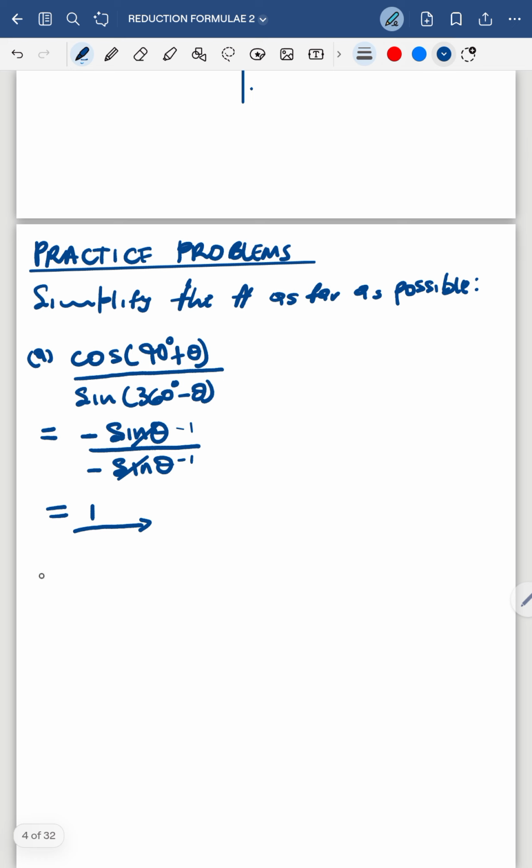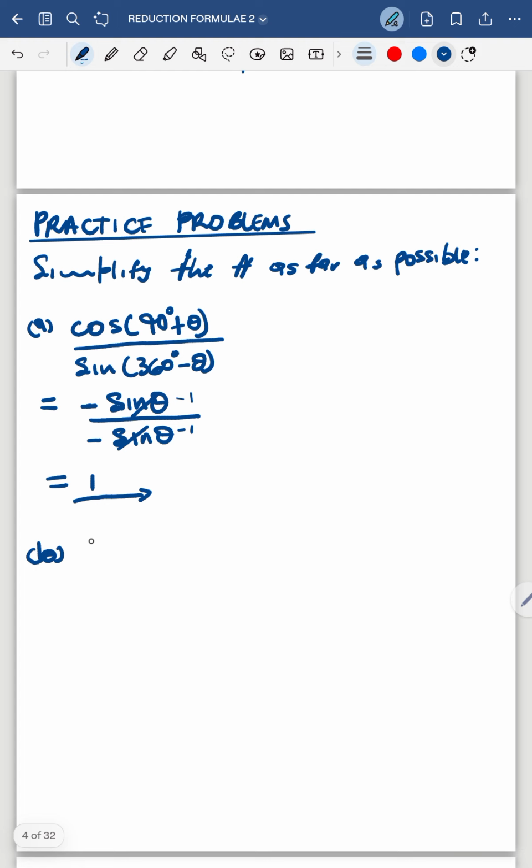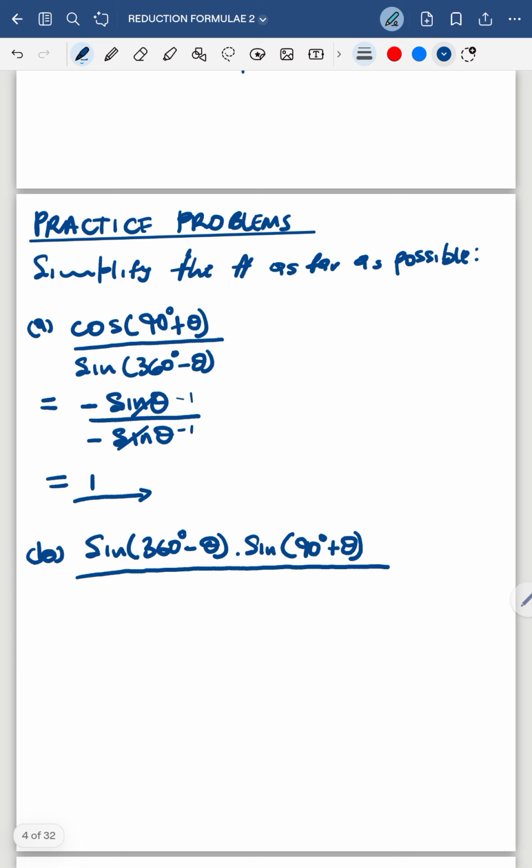So let's have our B. So now let's say we have sine, then open brackets 360 degrees minus theta, close brackets, multiply by sine, open brackets 90 degrees plus theta, close brackets. Then that's your division line.